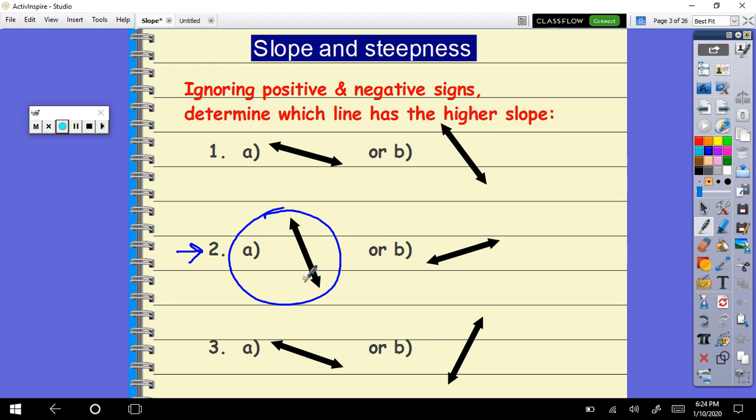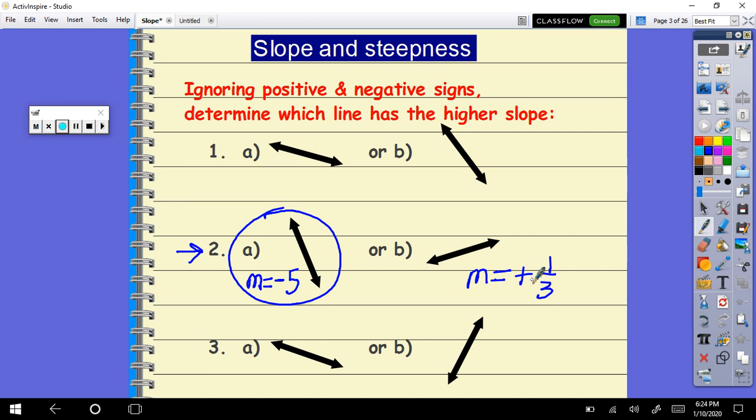But don't worry about the fact that line A falls and line B rises. So line A might have a slope of -5, and line B might have a slope of positive 1/3. So I know that A falls, and so its slope is negative, and B rises, so its slope is positive.